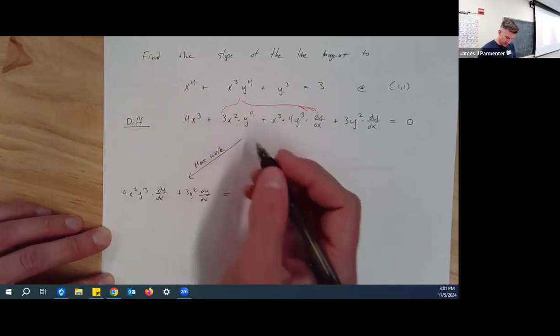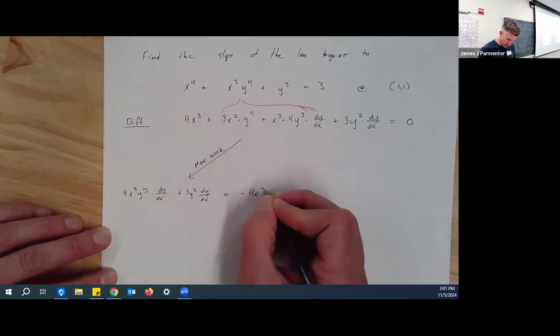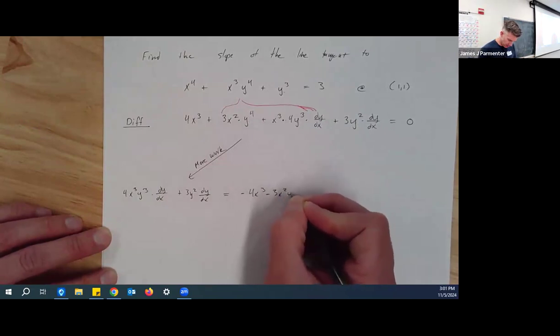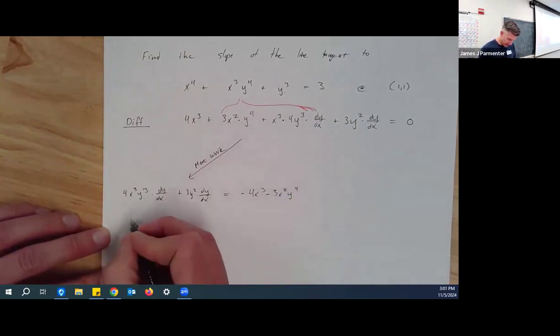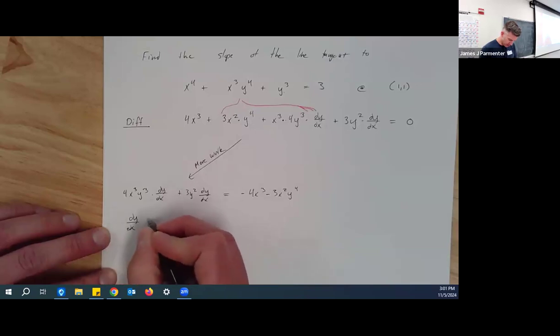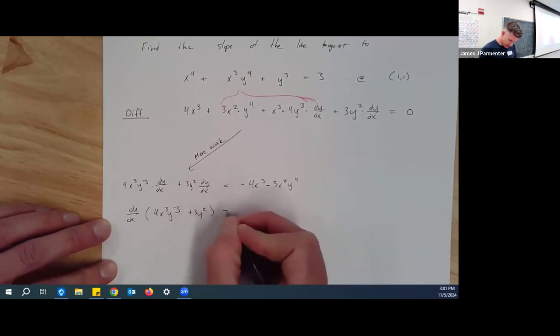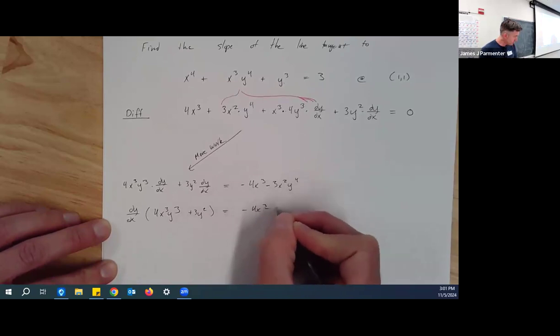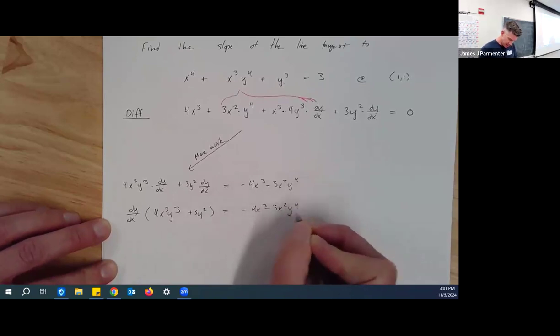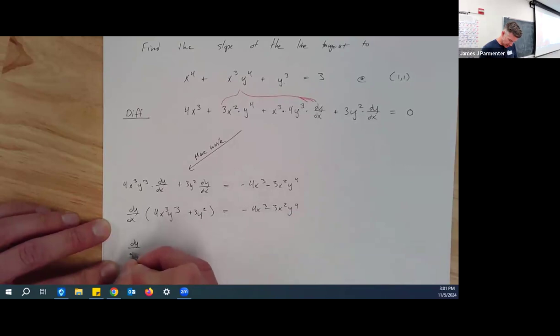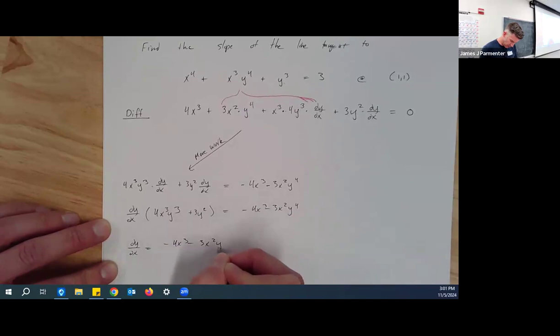Equals, subtract these things from both sides, and you get negative 4x cubed minus 3x squared y to the 4th. Factor out the dy/dx. You're left with dy/dx times 4x cubed y cubed plus 3y squared equal to the same thing on the right. And then divide by that, so you have dy/dx equal to negative 4x cubed minus 3x squared y to the 4th over 4x cubed y cubed plus 3y squared.